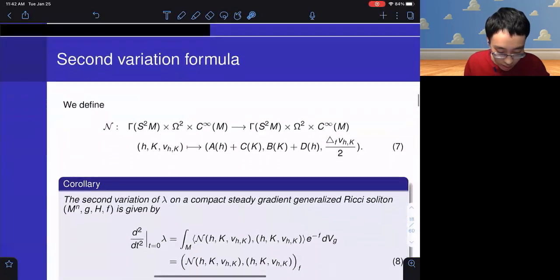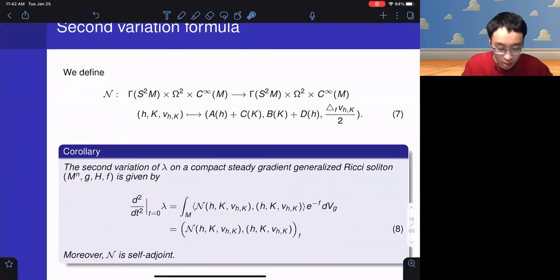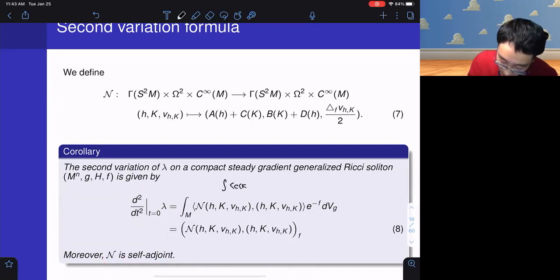So this is our final result. If you define your operator like this, HK, VHK maps to AH plus CK, BK plus DH, and Laplace of VHK half, then we can express our second variation formula in terms of the operator N. Moreover, N is self-adjoint because, as I explained above, this term is clearly self-adjoint, similarly BK, and also this one.